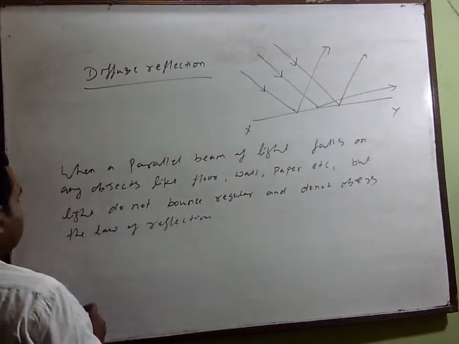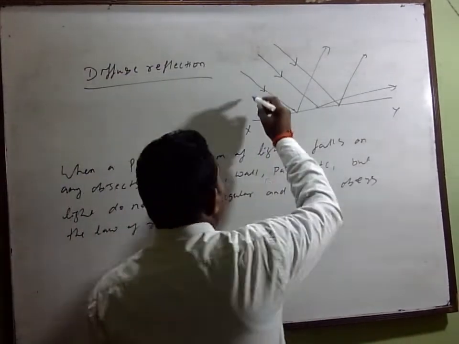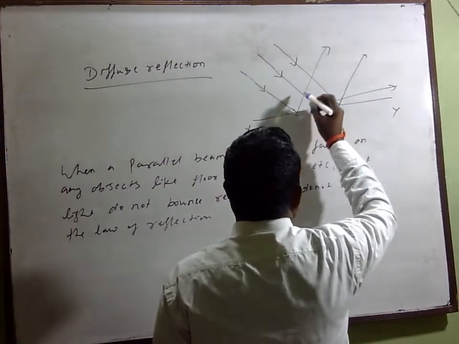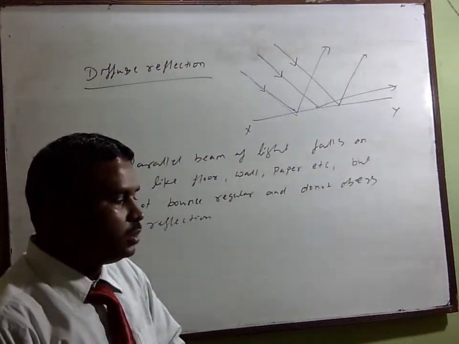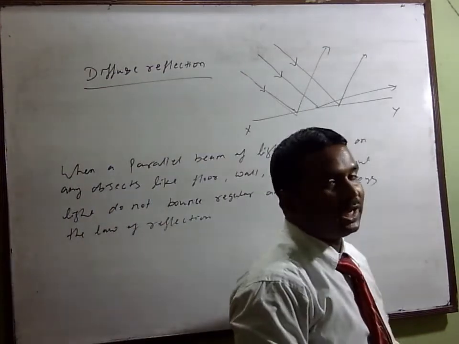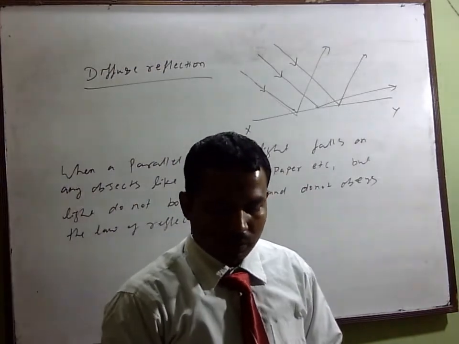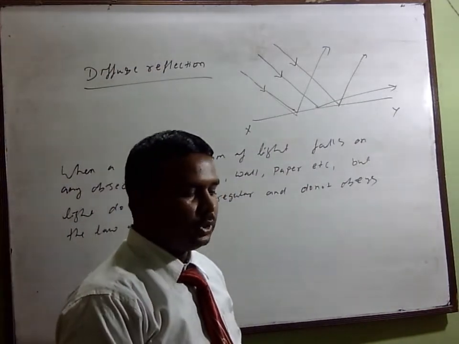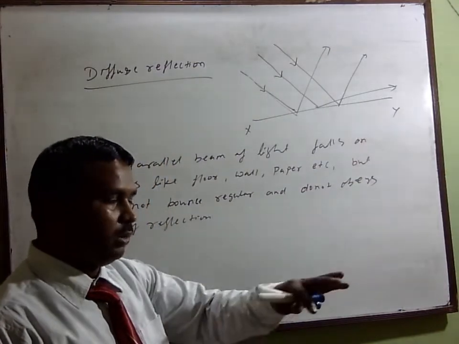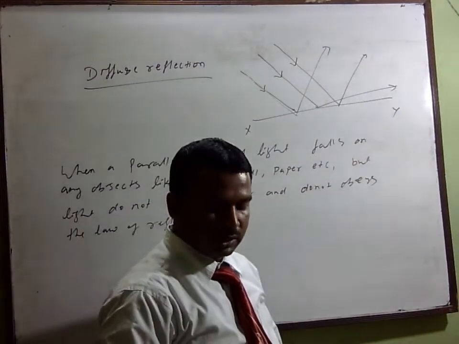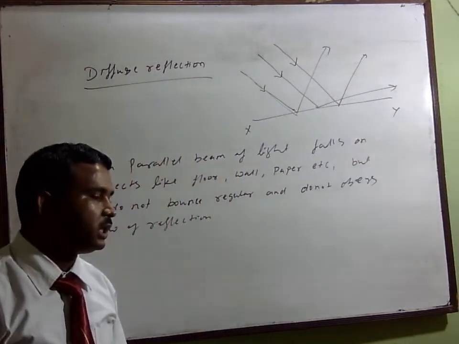The light which falls on these points will spread in all possible directions, and that's why, due to diffuse reflection, we are able to see the surrounding objects. Because whenever we glow the bulb, we see that there are so many objects surrounding us that we can see. Is it correct? Surrounding objects we can see.